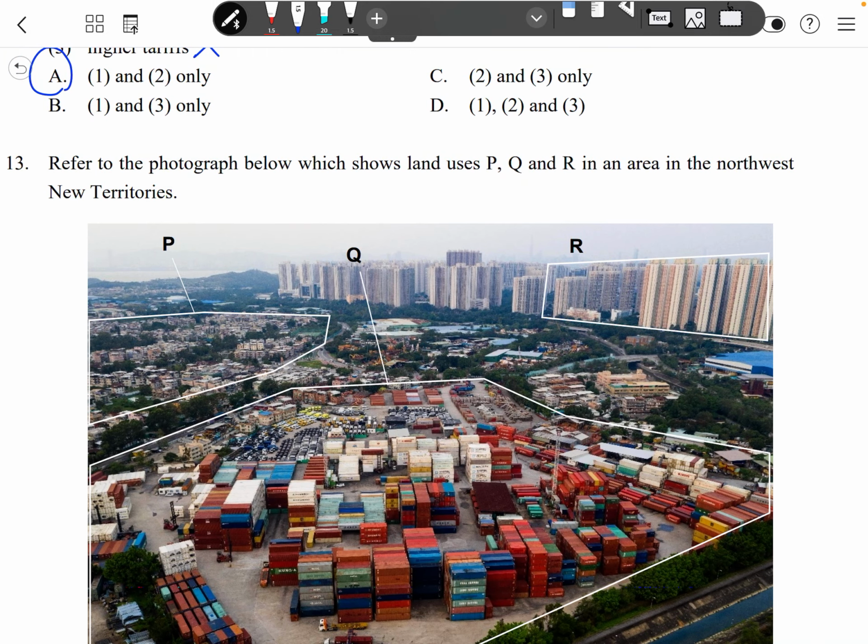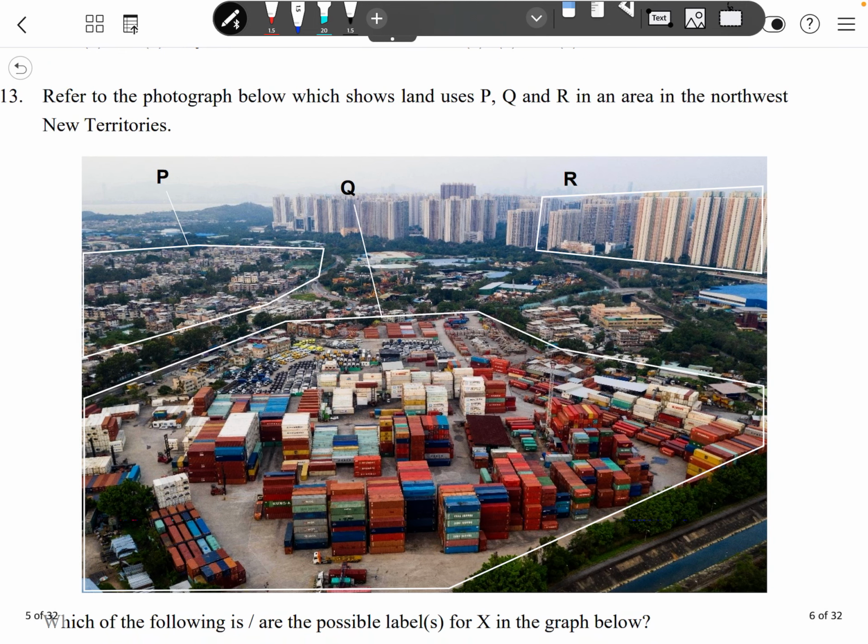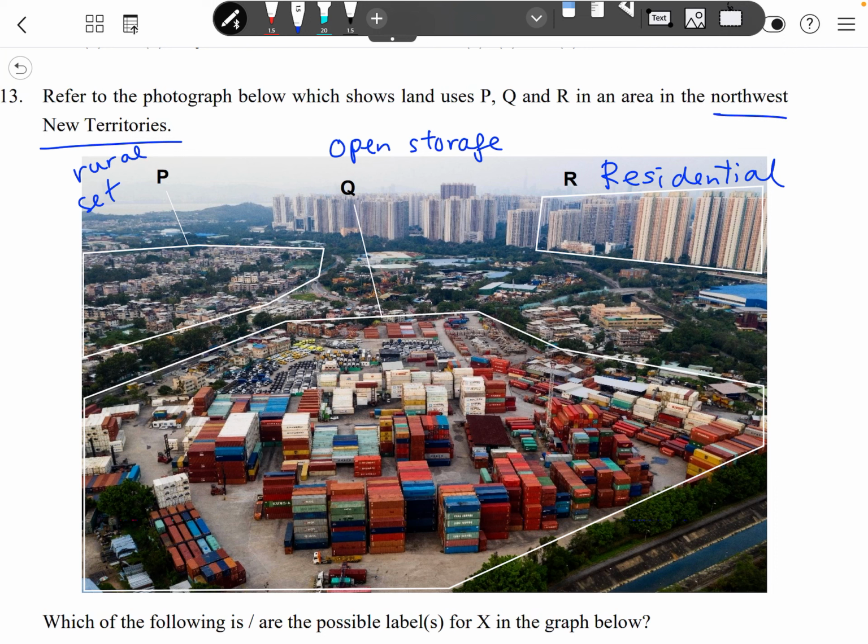Number 13, land use P, Q, R. So PQR is somewhere in Northwest New Territories. R is residential. Q is open storage. P is rural settlement.